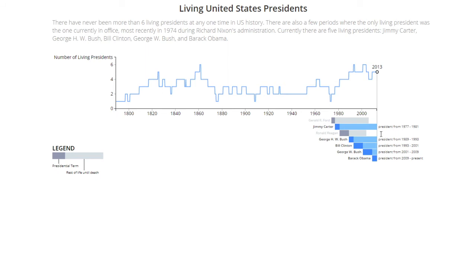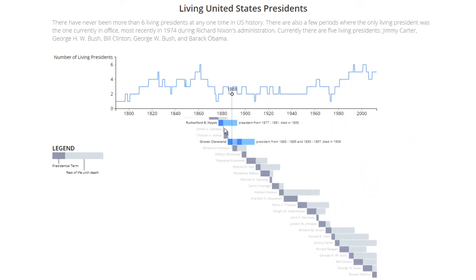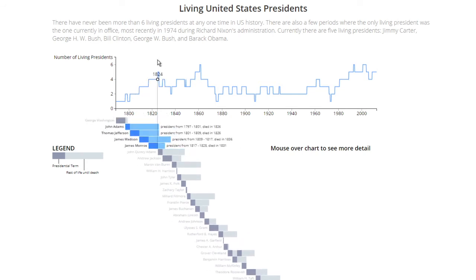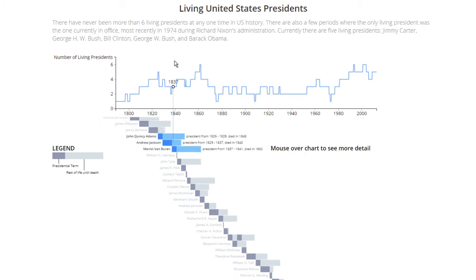I think that's just reflecting our trend of greater longevity amongst all people, and it's also manifesting in the lifetimes of U.S. presidents. The thing that's fun and interesting about this is you get to see the number of people who were alive. An early peak was in 1824 or so, 1825.